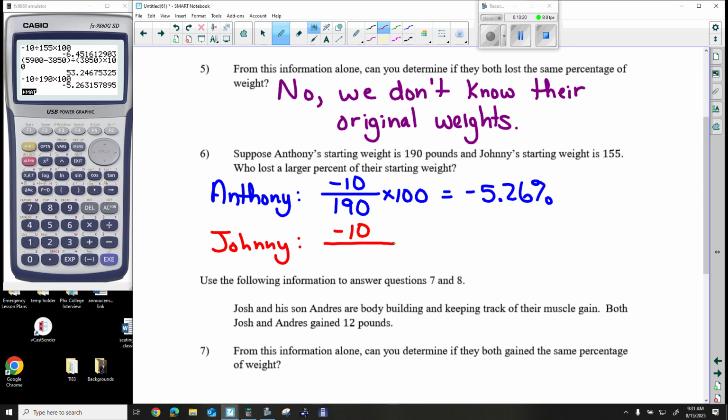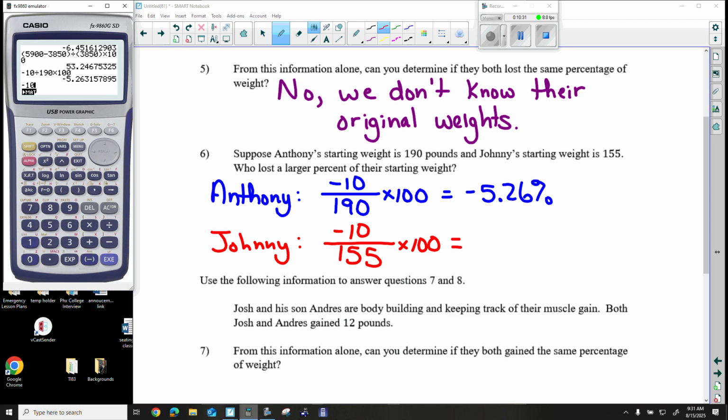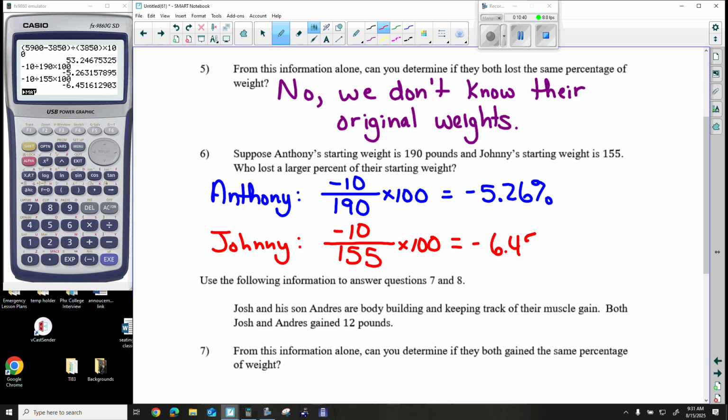Notice that Johnny's original weight is 155. So the change in comparison to Johnny himself. So 10 pounds was lost in comparison to his 155 frame is 6.45%. All right, so the ultimate question is, who lost the larger percentage of their starting weight? And that answer is obviously Johnny.